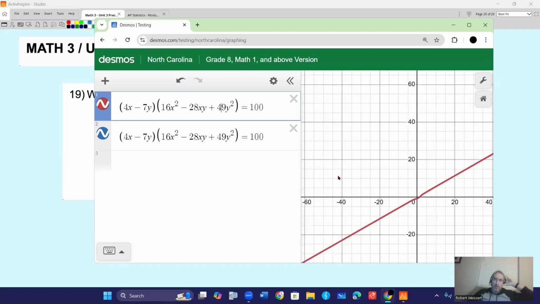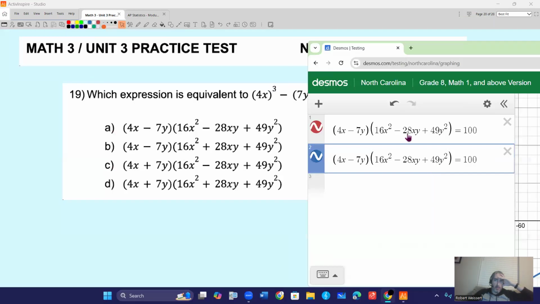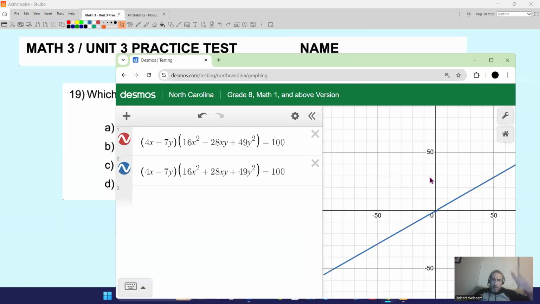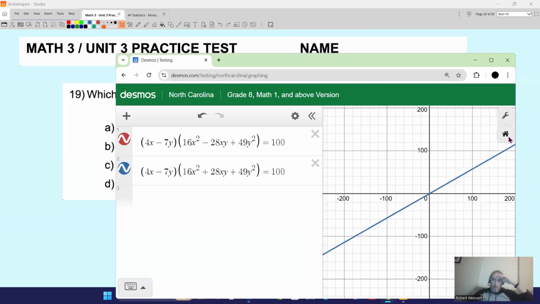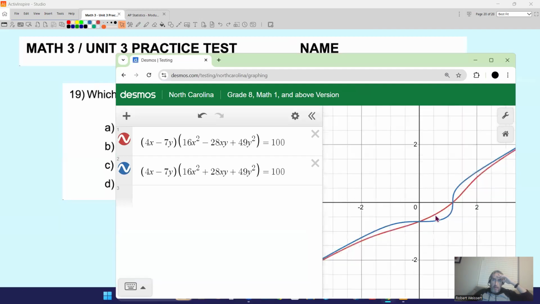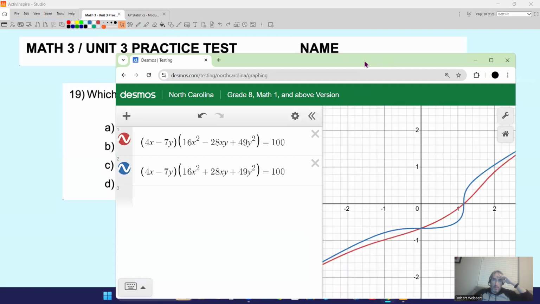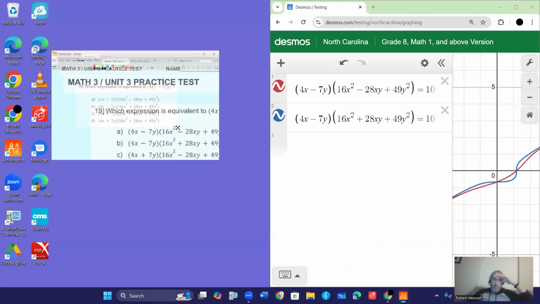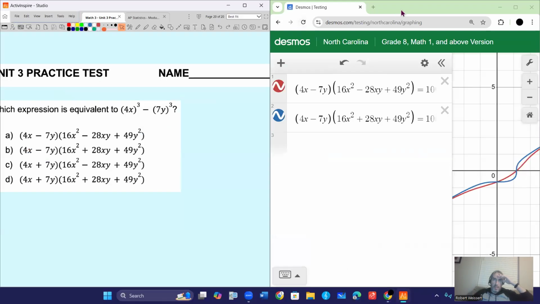Oh, these appear to be the same graph. Looks like I didn't change anything, so let's go back over here. So that's answer choice A. Answer choice B is, oh, that's a plus. Okay, and you do get a different graph with that one, as you can see if I zoom in a little bit. And we know it's going to be one of those two because of the sign, but I'll go ahead and graph the other ones as well.